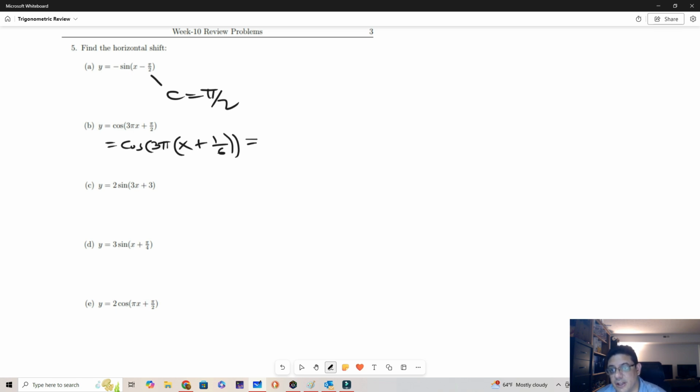But that still is not telling me the horizontal shift, so I need to put the minus in there. So this is x minus 1 over 6. And so now I can see the horizontal shift. The horizontal shift is actually c equals minus 1 over 6. So we're shifting minus 1 over 6 units to the left.